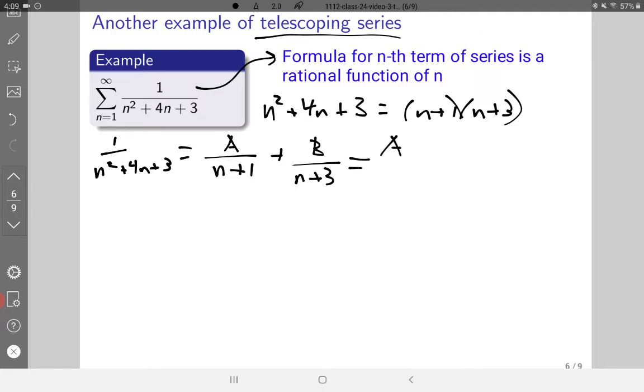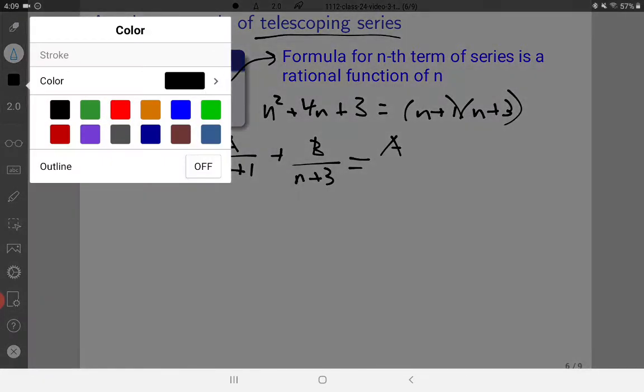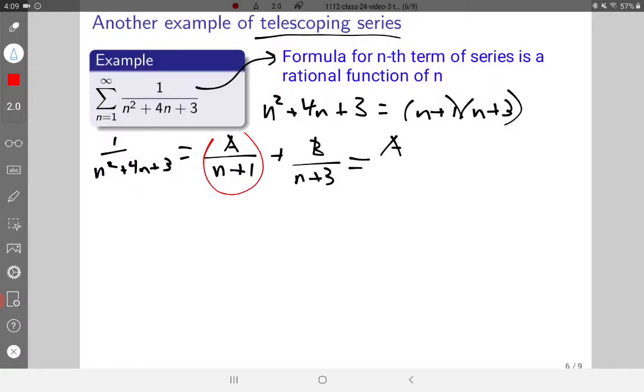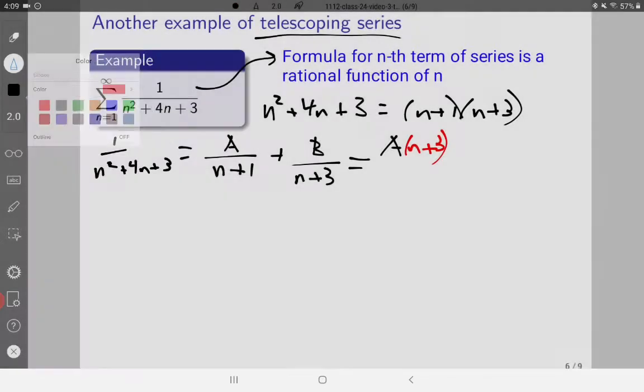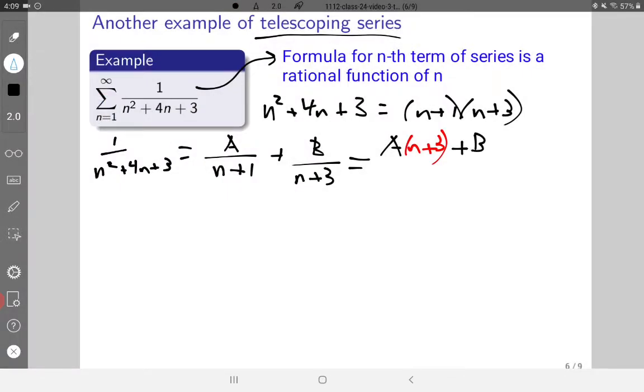So when I go to recombine these common denominators, the first fraction here is missing the n plus 3 factor, so I have to multiply that in the top to introduce it. And then the second term is missing the n plus 1 factor, so I have to multiply that by n plus 1 to introduce it.